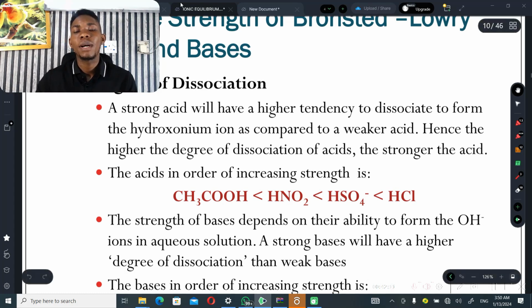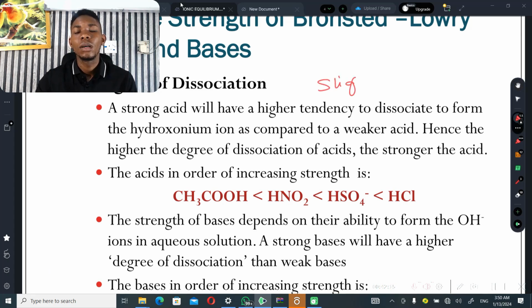When we say sparingly, we mean they dissociate slightly or partially in solution, while a strong acid dissociates strongly in solution.